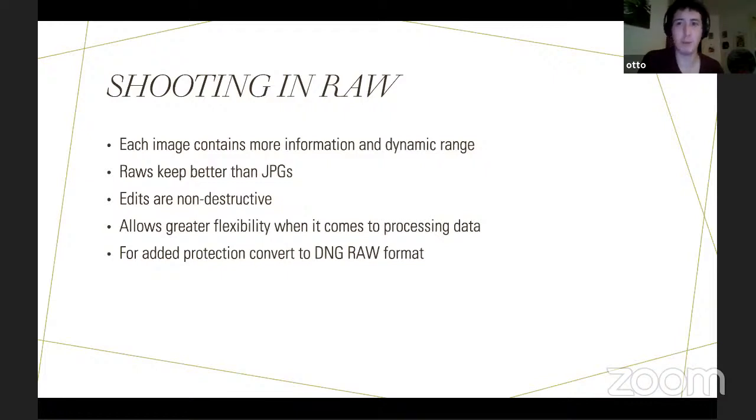There are camera raw formats from camera companies that have gone out of business that are now completely unreadable. But by converting them to DNGs, which is somewhat more universal, I'm able to basically mitigate against that. So even if the company that my camera belongs to goes out of business, I'll still be able to read my files further down the line.